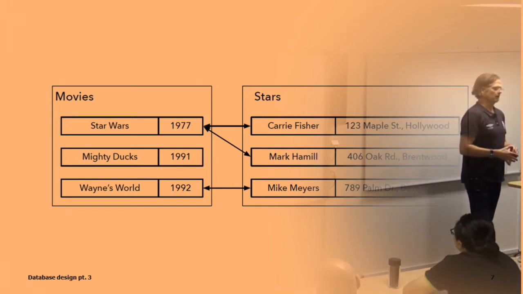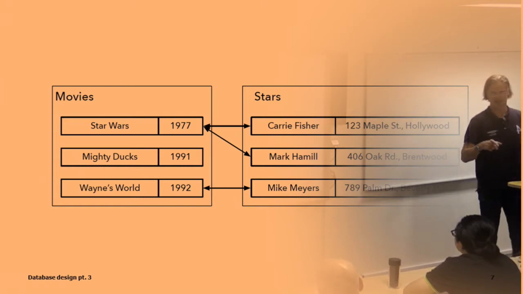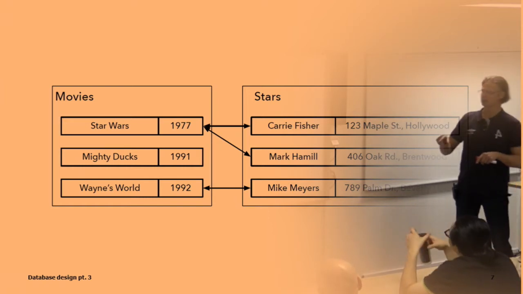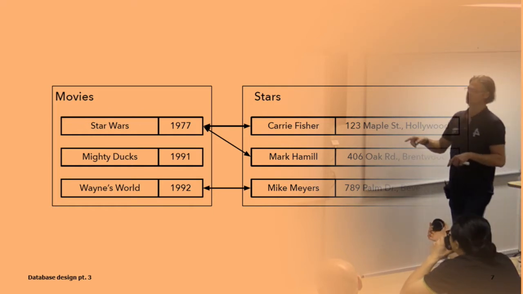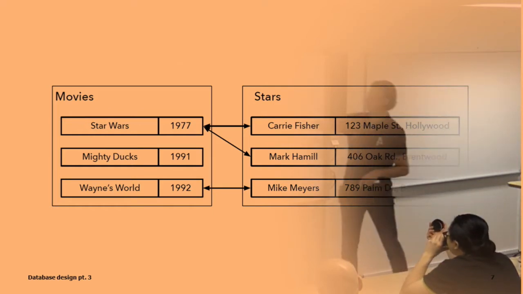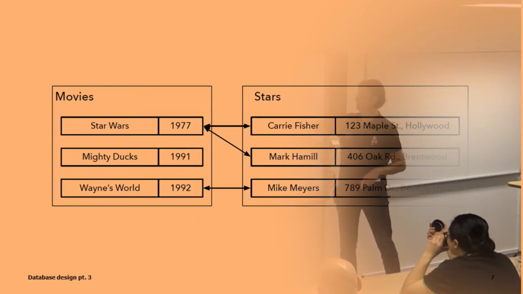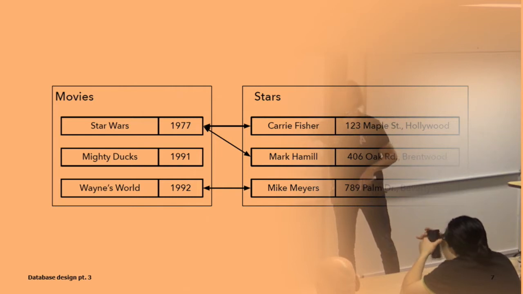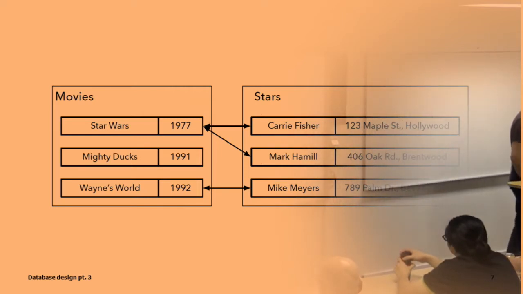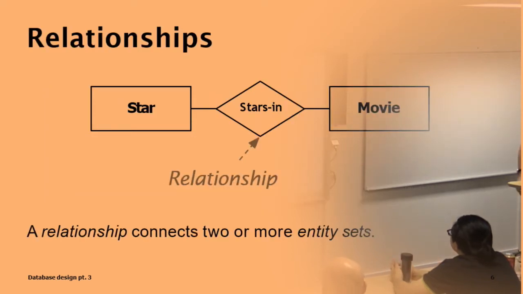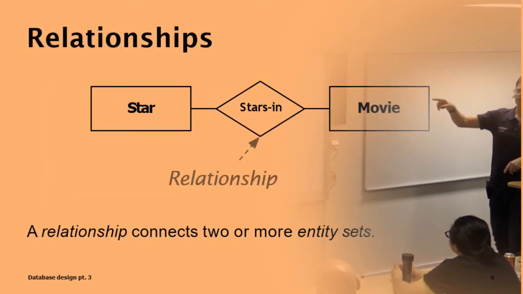So the thing you can have a look at here is that if you want to add another star to the Star Wars movie, then it's just a matter of making an association between the movie Star Wars and another star. And that is what that model tells you.